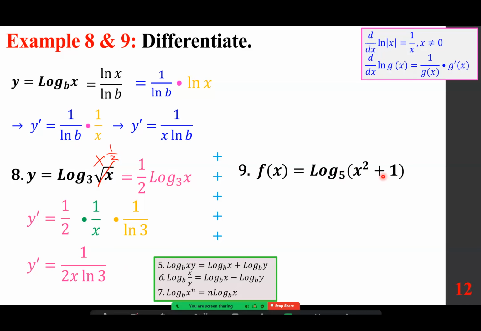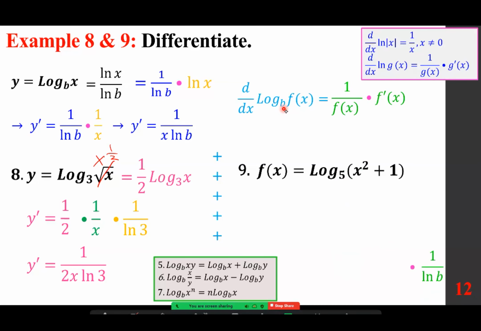We tag along by the chain rule the derivative of the argument. In other words, first 1 over f of x, then times the derivative of f of x, or f prime, by the chain rule. And then because the base is not e, 1 over ln b.